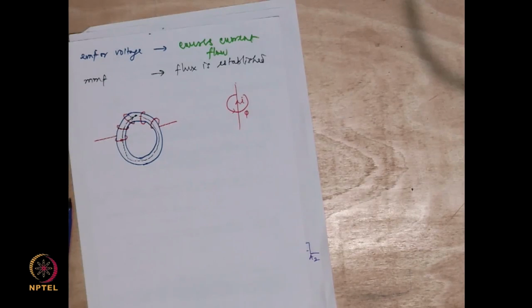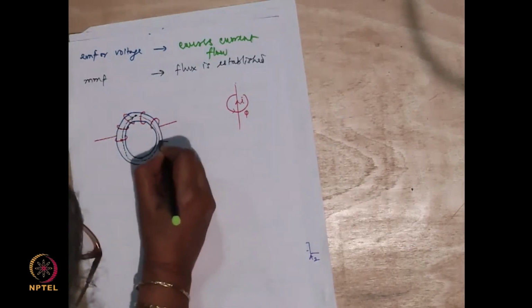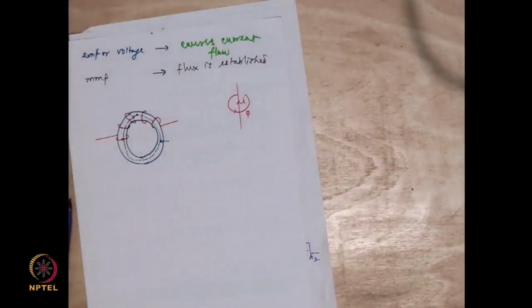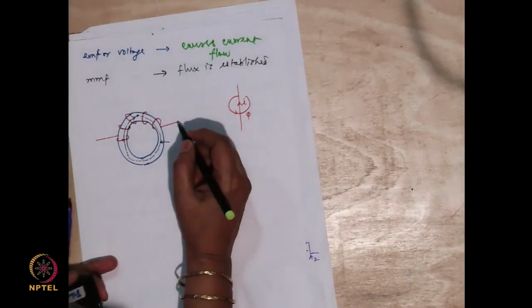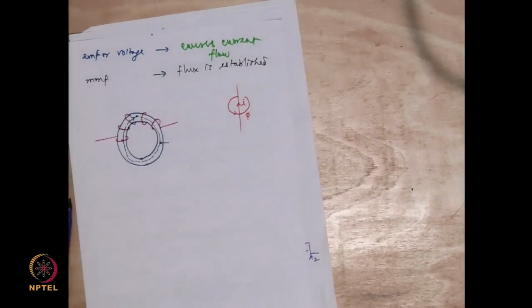So if I call this the magnetic field line, how many times the magnetic field line is encountering the current, that is actually known as the MMF. That is the product of how many times the current is being encountered multiplied by the current magnitude itself. That is what is MMF.